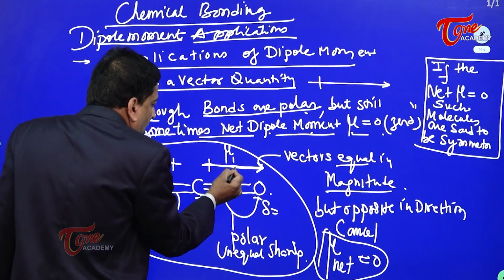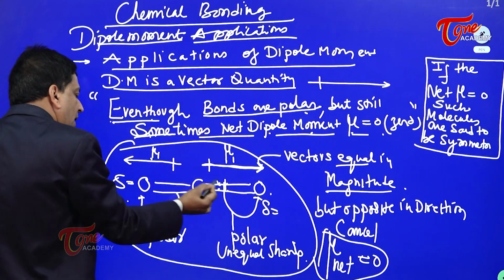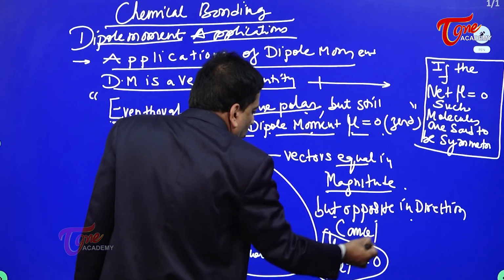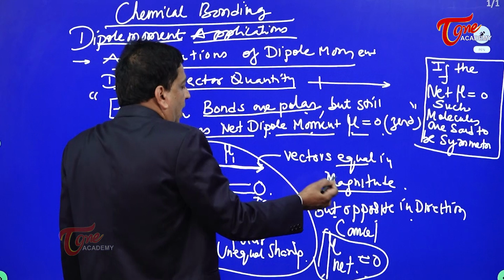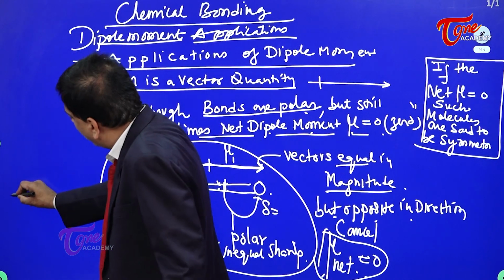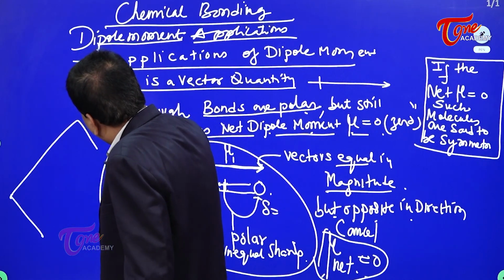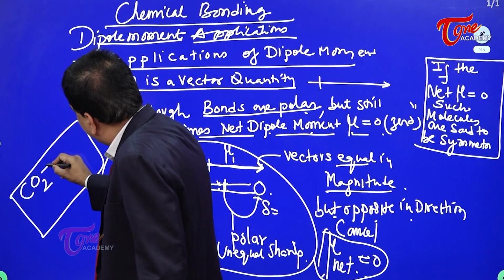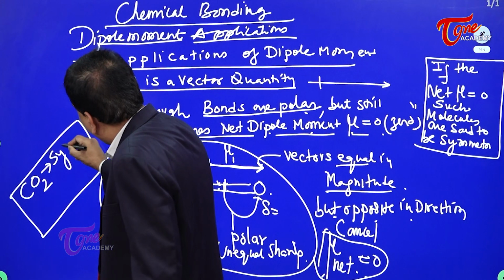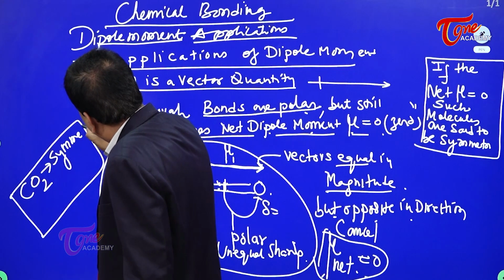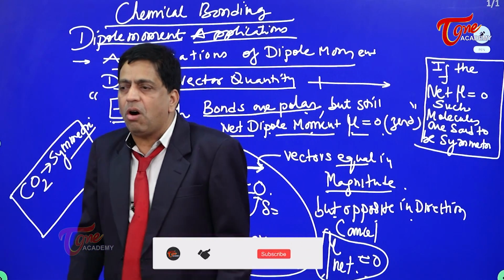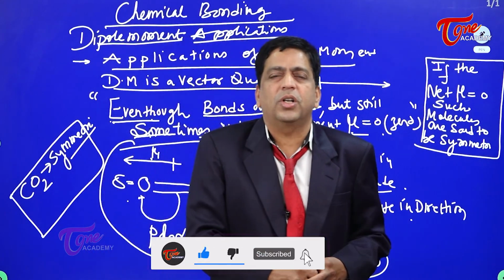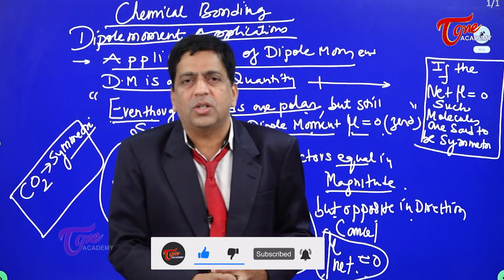So here is a vector mu1, here is also a vector mu1, same vectors, equal in magnitude but opposite in direction. So net dipole moment is 0. Then I want to label this: this molecule carbon dioxide is basically what? Symmetric. You must understand that.